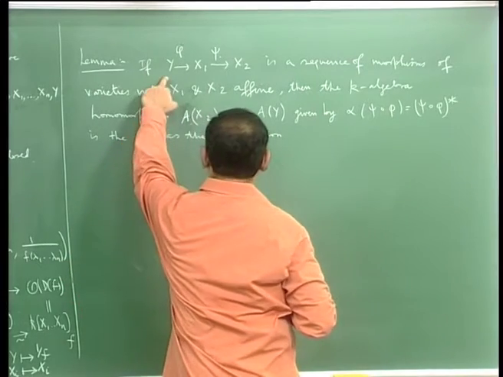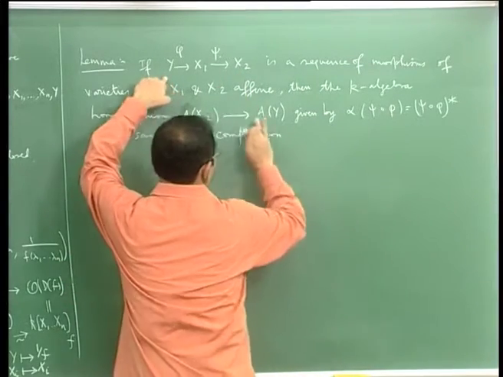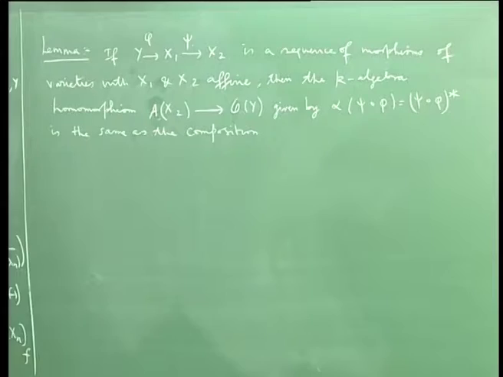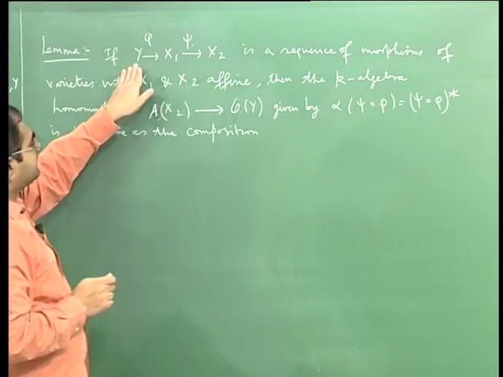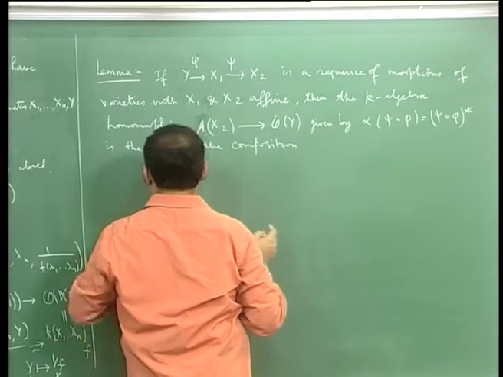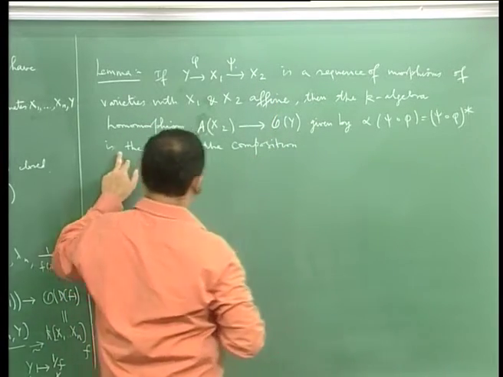I should be careful here, it is A of x2, I should not write A of y, I should write O of y, because as I told you it is a convention that we write A only if it is an affine variety. Y is just a general variety, it need not be affine but only x1 and x2 are assumed to be affine. Yeah, so let me continue the statement.